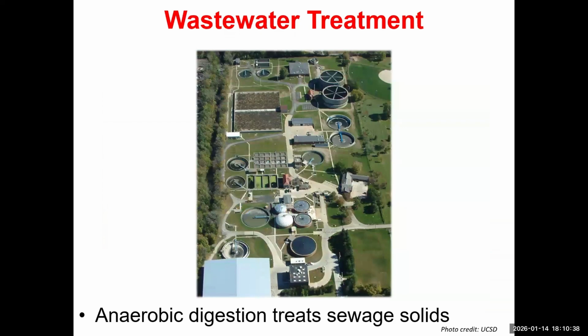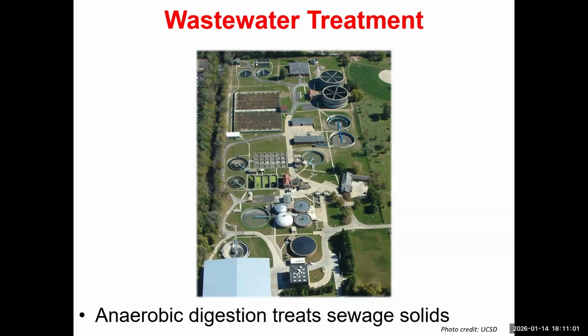And anaerobic digestion has also been used at wastewater treatment plants to treat the sewage solids. These are the solids that are left over after the wastewater treatment process. What's pictured here is the Urbana and Champaign Sanitary District's Northeast treatment plant.